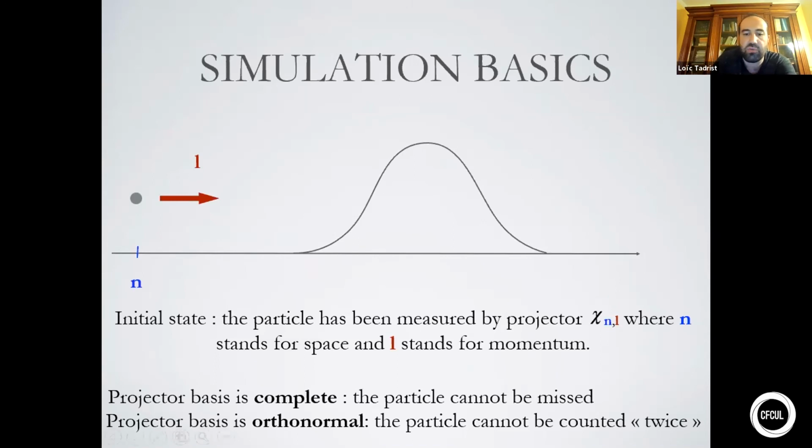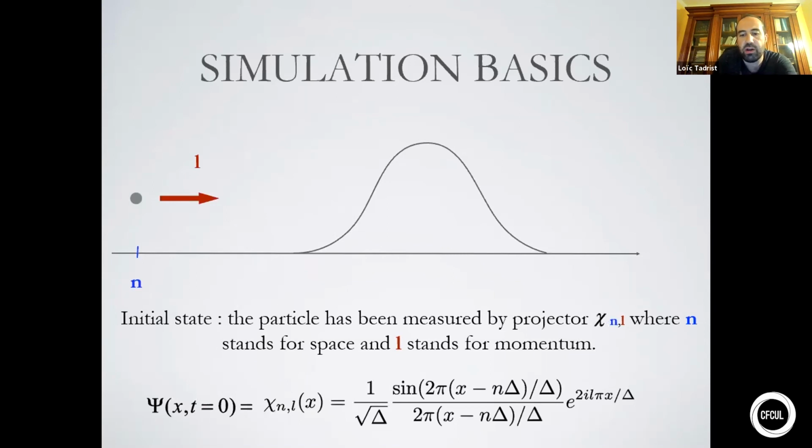Here N stands for the location and L for the velocity or the momentum. The considered basis is complete, which means that the particle cannot be missed, and the projector basis is also orthonormal, meaning that we cannot count the particle twice.